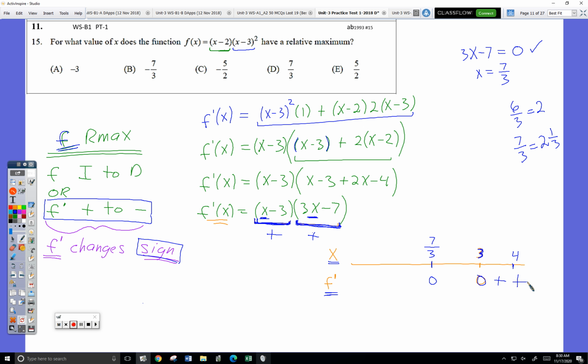You need me to keep going there? Keep going, Evan. Pick another number. 1. So does 1 belong here or here? Left of the 7/3. There we go. So we plug in a 1 here and here. This will be negative, this will be negative, and it's positive.